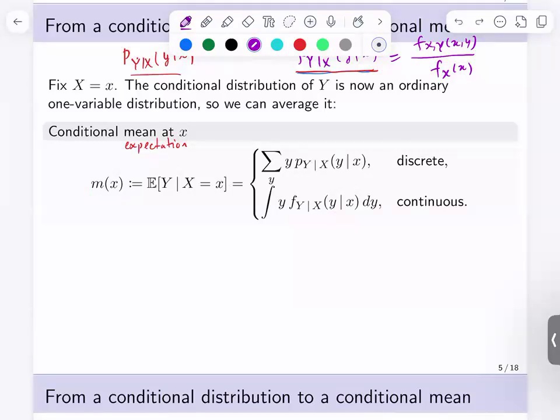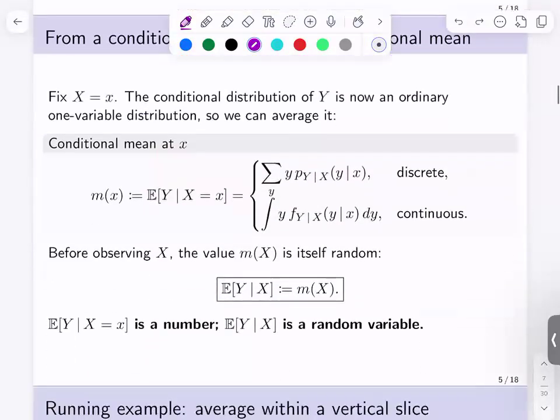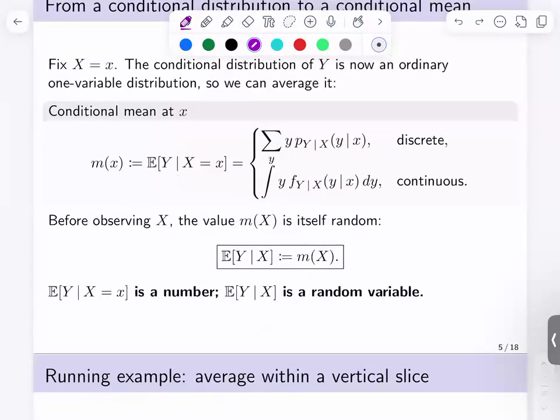So this conditional mean is really a function. And if I evaluate it at x, this gives me a random variable. This is really the conditional mean of y given x before I see x. If I don't see x, x is random, so I can think of this as a random variable.